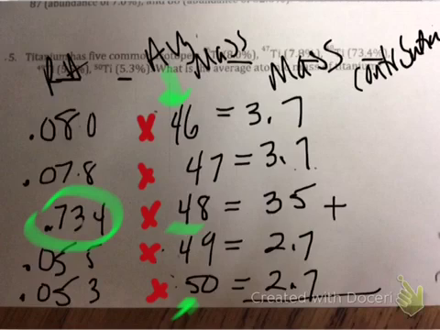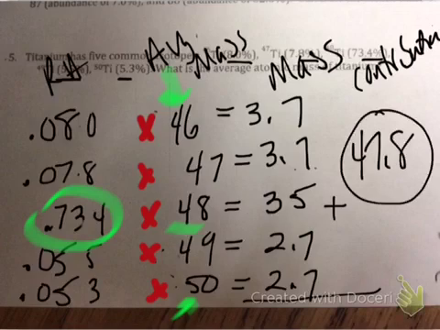And when I do that, I come up with 47.8, and that's the average mass. And that's what I thought, because remember I said this was the largest value, so it had to be closer to 48 than to anything else. So 47.8 is much, much closer. So that's how you do it for all of those. You just have to find the relative abundance and average mass, multiply them. That gives you your mass contribution, and you add those together.